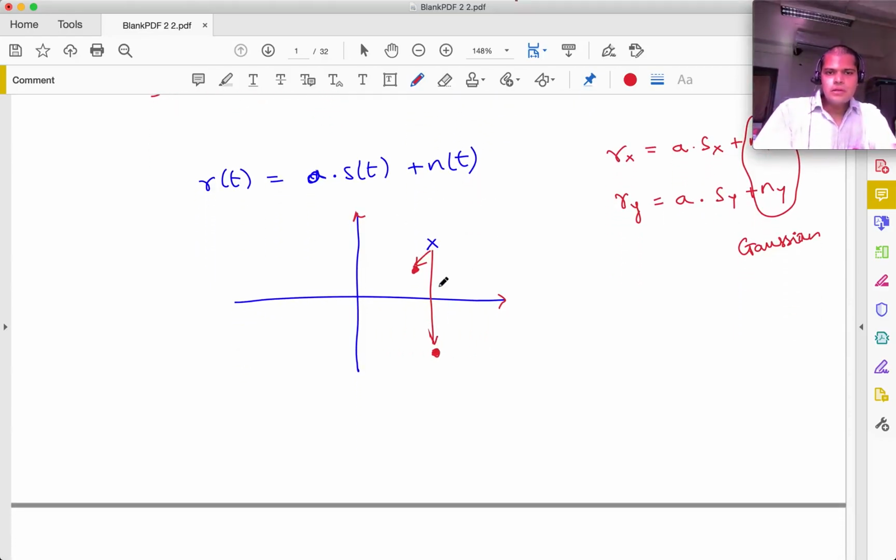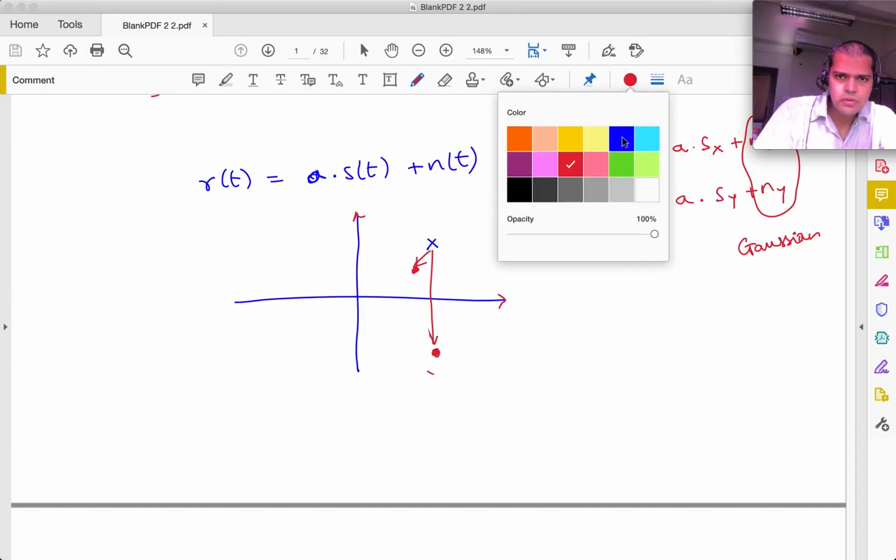So you can calculate the probability of getting a bit error based on this. Okay, so let's just look at it in a little bit more detail.